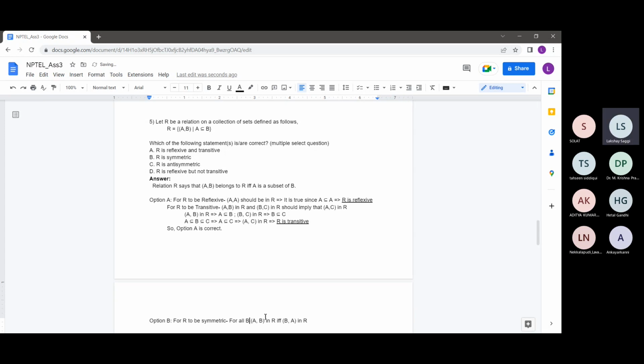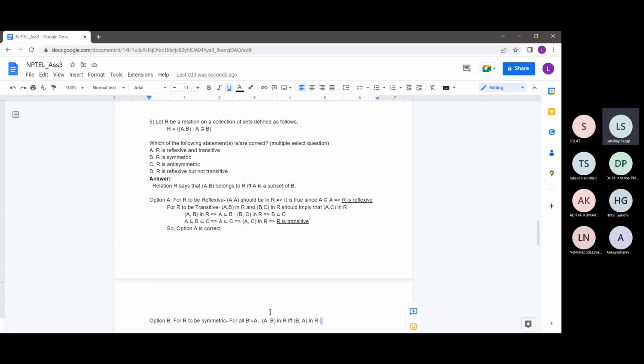Just writing out the definition of symmetry: for all elements B not equal to A, (A, B) is in R if and only if (B, A) is in R. This is the basic definition of symmetric.